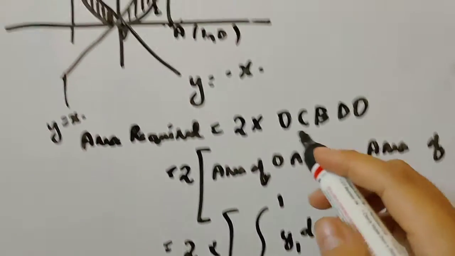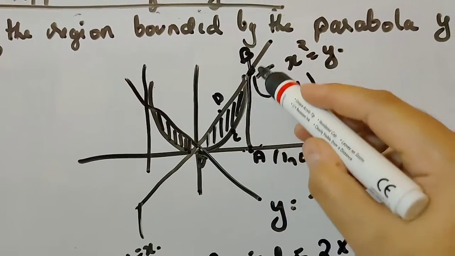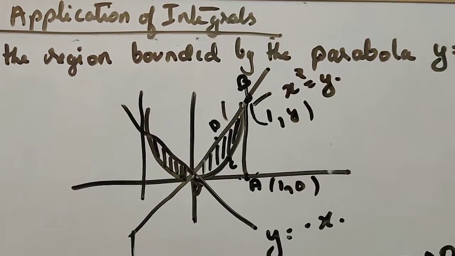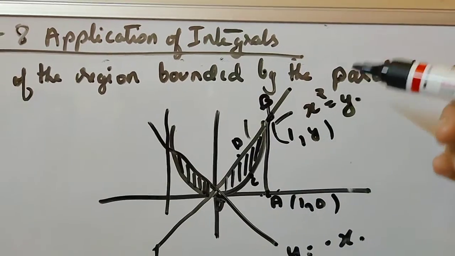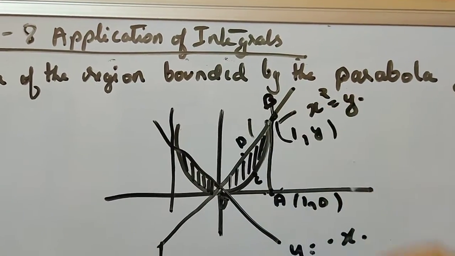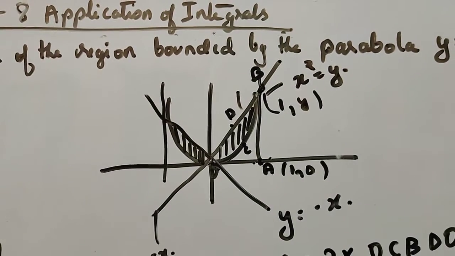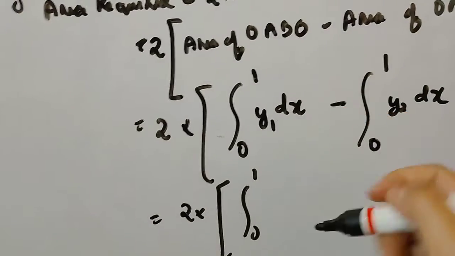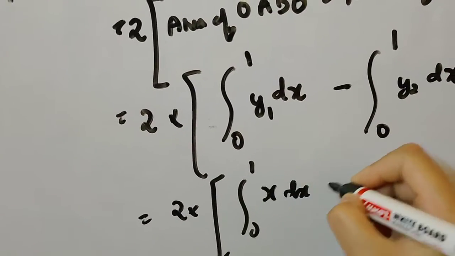Now y1 dx is for the whole area, which will be enclosed by the line y is equal to x, hence y1 will be x here.